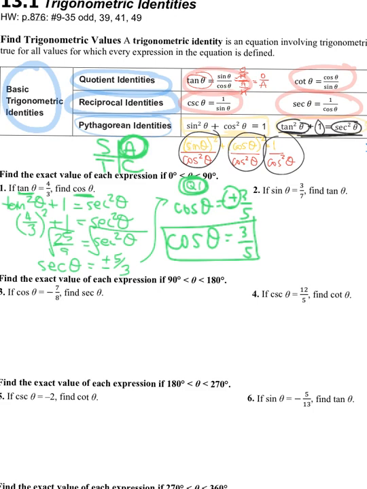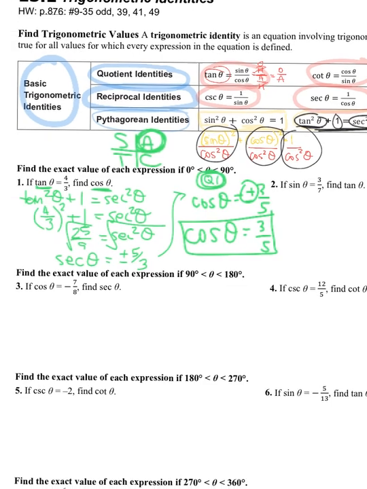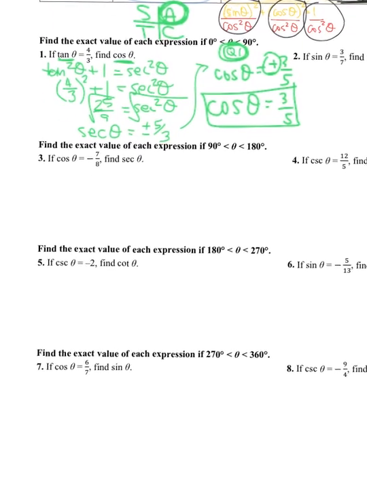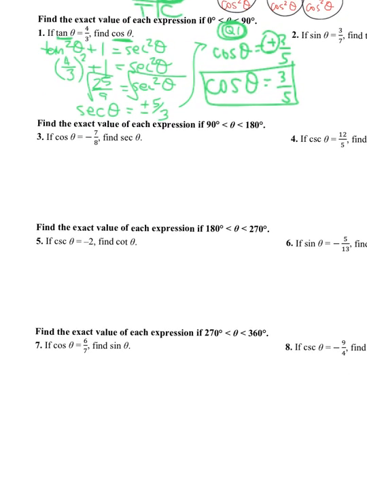Okay, let me go ahead and move down to number 3. I'm going to save the even ones for you guys to practice with. All right, so number 3, find the exact value of the expression. This time I have a theta in quadrant 2, between 90 and 180. And if cosine of theta is equal to -7/8, I want to find secant of theta.